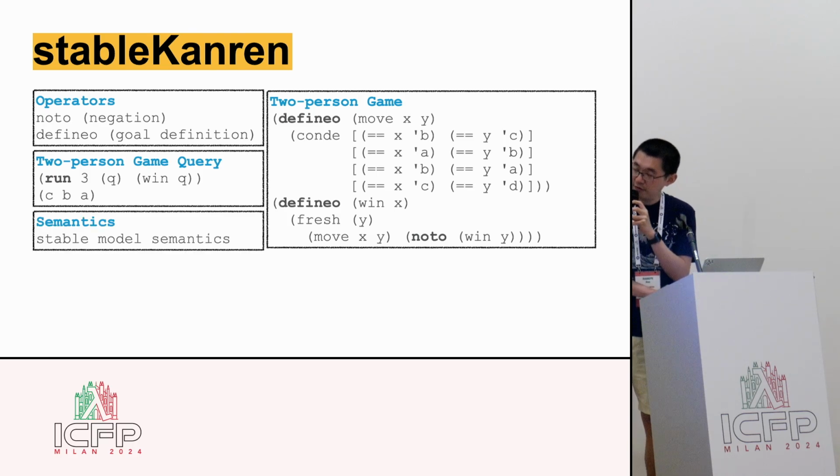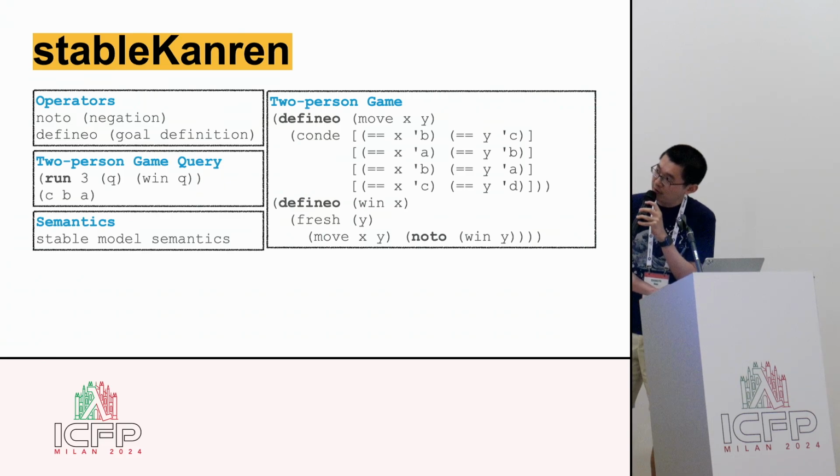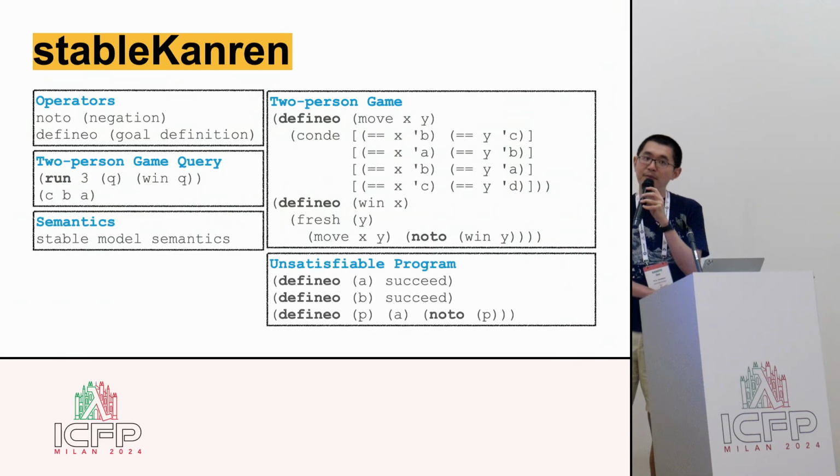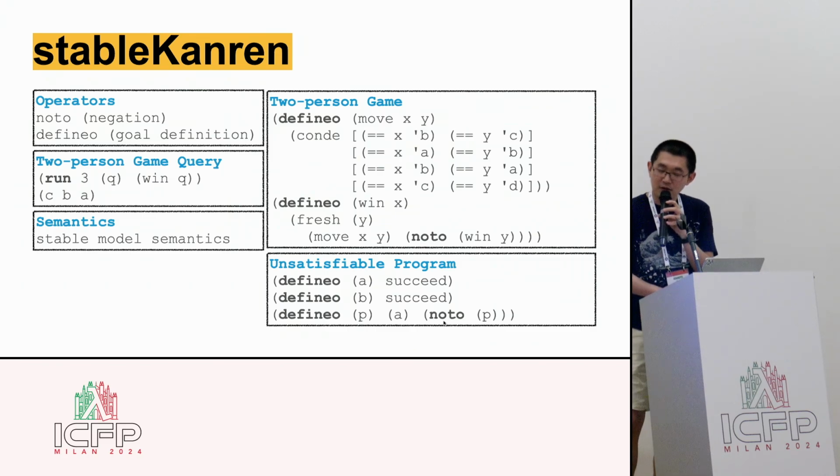And yes, the semantics behind this stableKanren is stable model semantics. One special thing about this stable model semantics is that there is a possibility we have an unsatisfiable program. So here is a very simple unsatisfiable program. We have two facts, A and B, but the last rule is: P is true if A is true and not B is true.